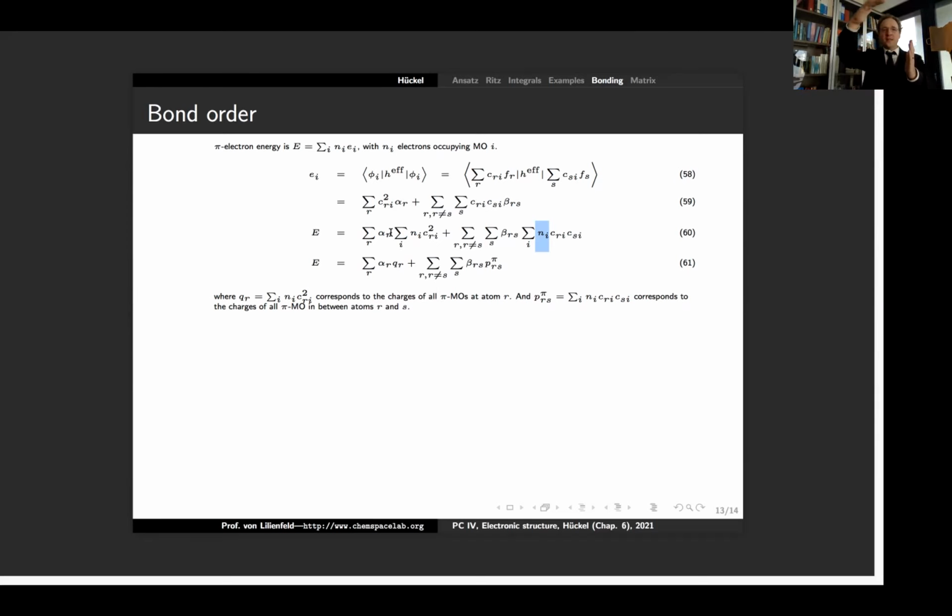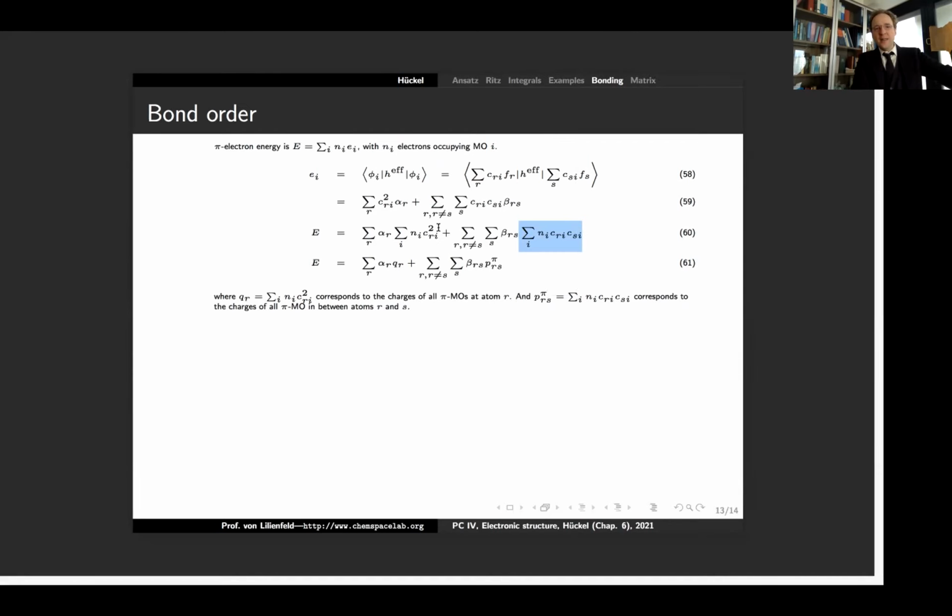You have all these different states, and as you go through each atom, you sum up all the contributions from the different states for that atom in this first summation. In the second summation, you go through all pairs of neighbors, and for each neighbor pair, you sum up the product of the coefficients from all states. So you project the entire spectrum down onto that one atom or that atom pair.